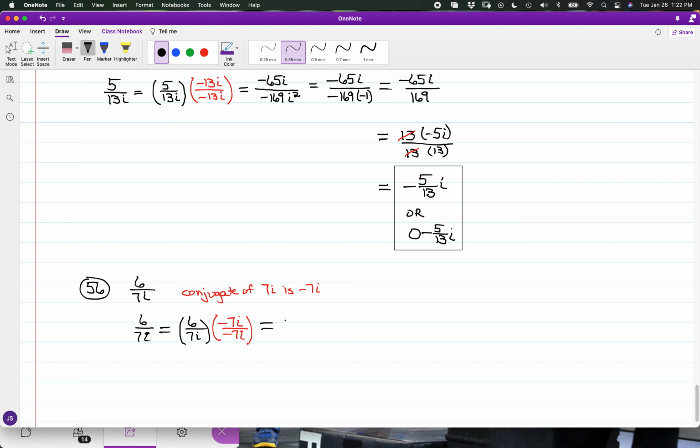So we have 6 times negative 7i, so we have negative 42i. And 7 times negative 7, so you have negative 49i squared, and again, i squared goes to negative 1.